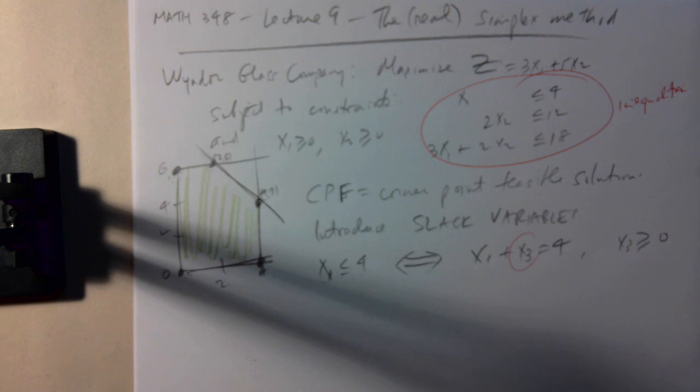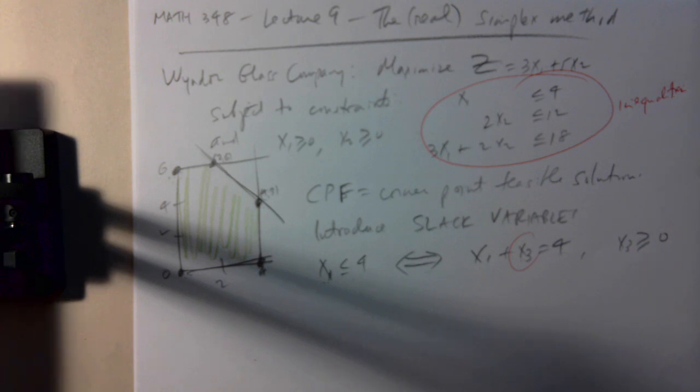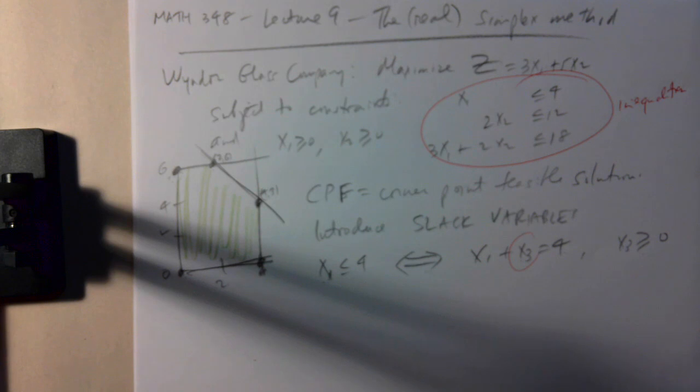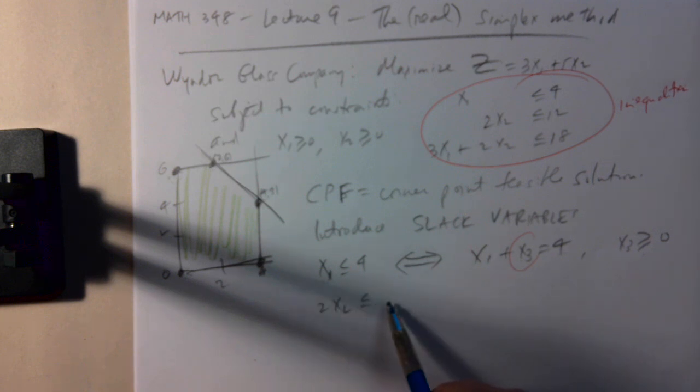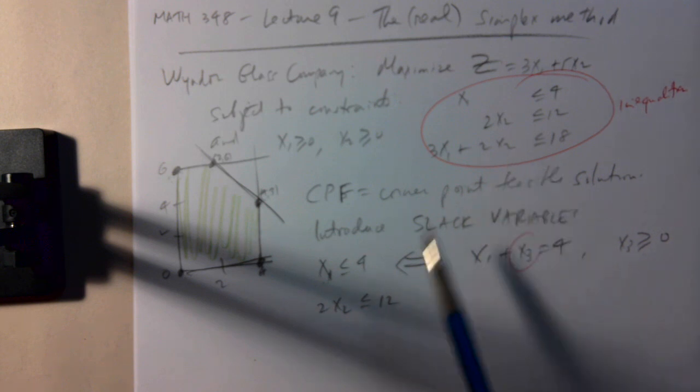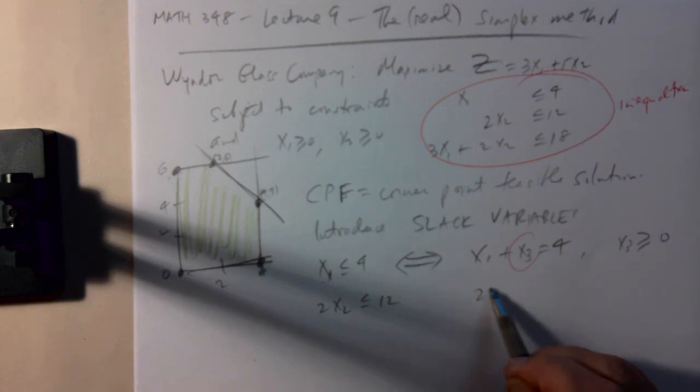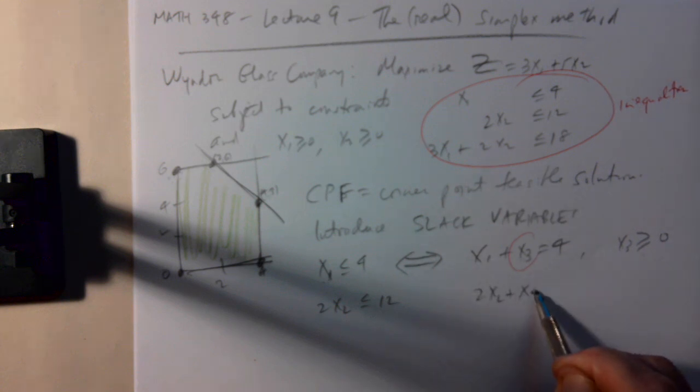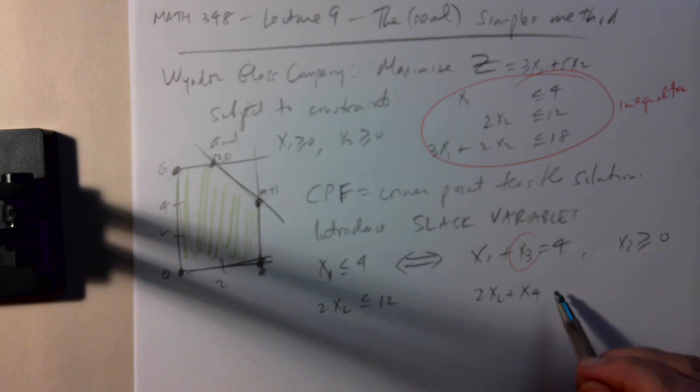And we do that for all of the constraint inequalities. So instead of 2x2 less than or equal to 12, we introduce a new slack variable. So we have x1, x2, x3. Our new one we'll call x4. 2x2 plus x4 equals 12, x4 greater than or equal to 0.